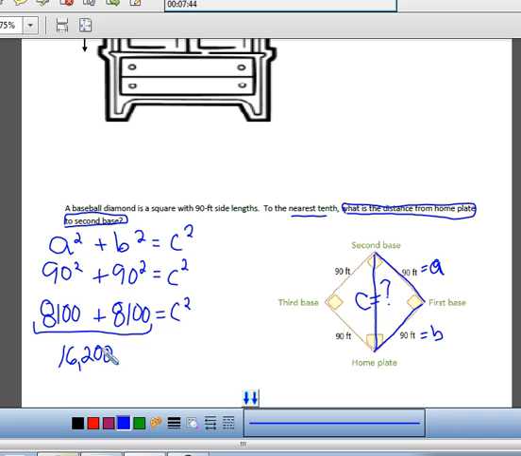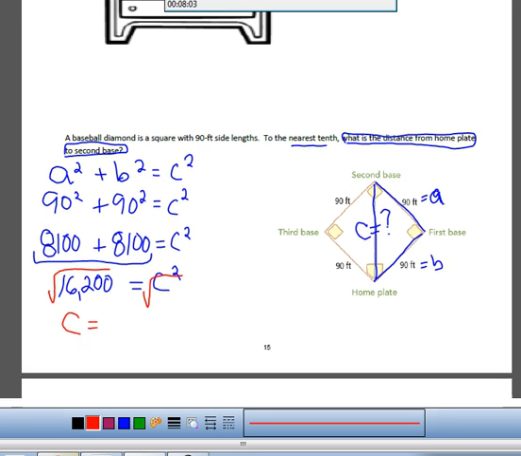16,200 feet squared. And then to find c, we still have to take the square root of both sides. And we get c is equal to, now this is not a perfect square, so I'm going to write down what's in my calculator.